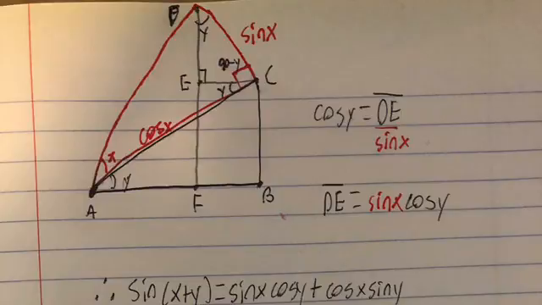Now if that's y, and we know the angle DCA is a right angle, then the angle DCE is equal to 90 minus y.